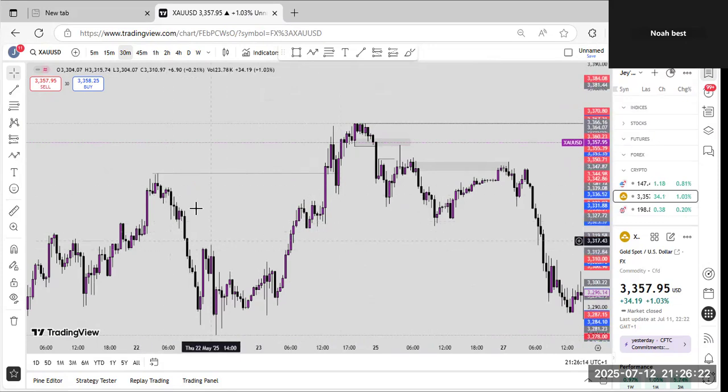All right, from this particular place, you saw what price did. Price already broke structure here. Then what did it do? Price did something like this: up, down, went up, went down, went up to this side, then shifted bearish.